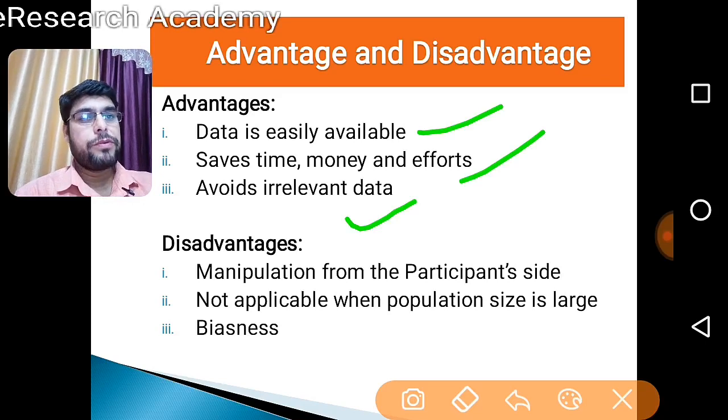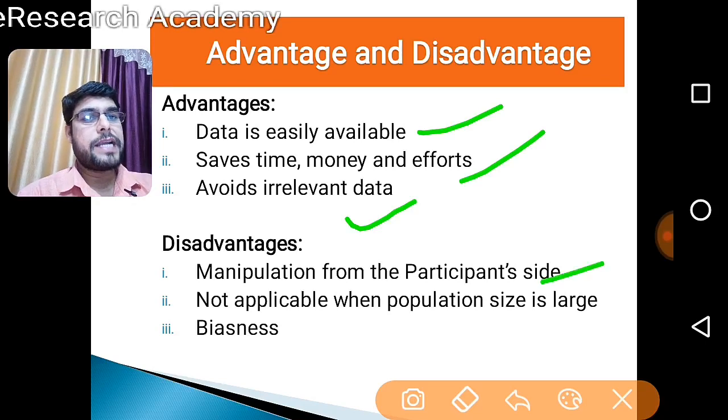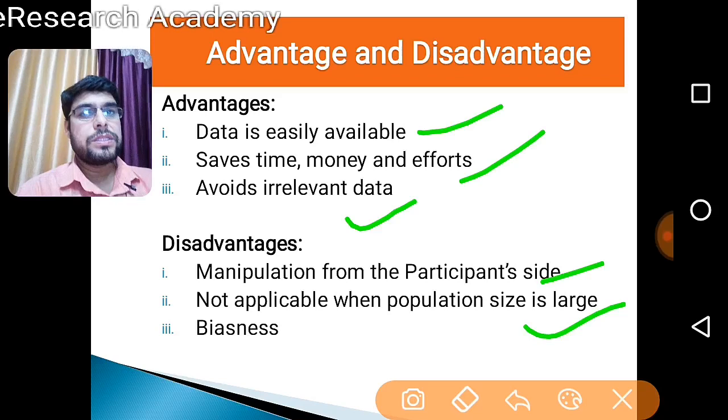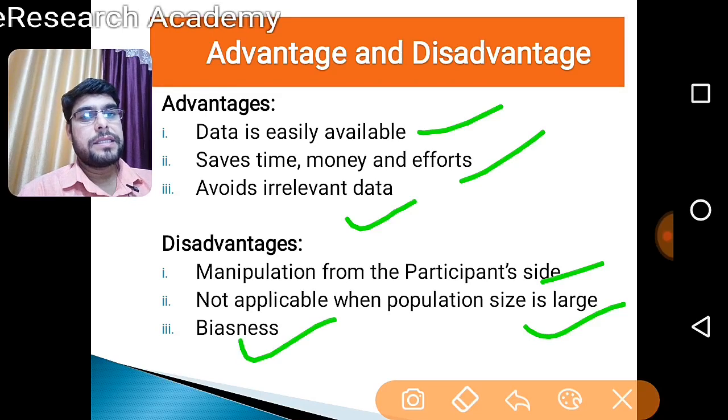If we talk about the disadvantages, manipulation from the participant side is possible under this sampling technique, and it is not applicable when the sample size is large, so we can't use this technique. And the last disadvantage is that bias is always present under this technique.